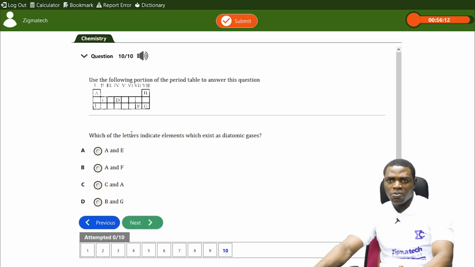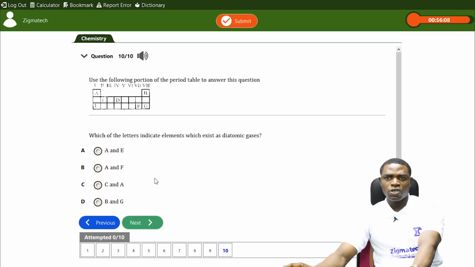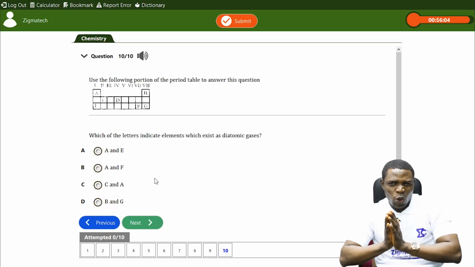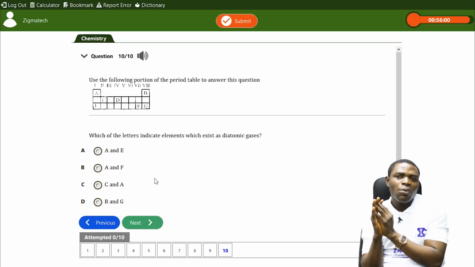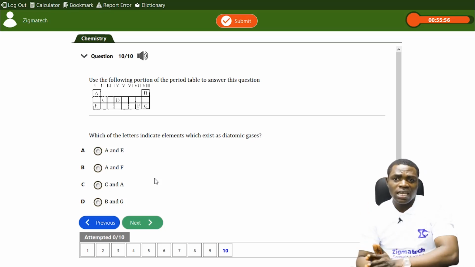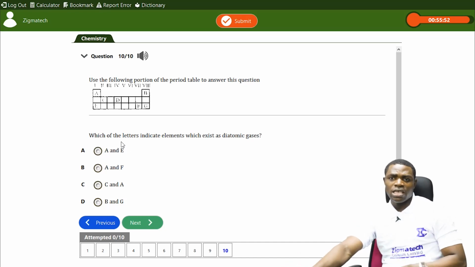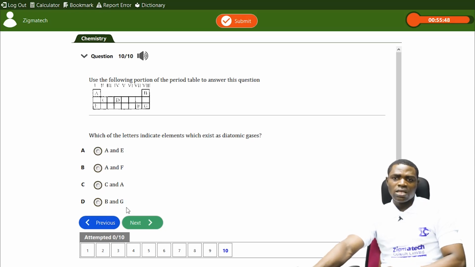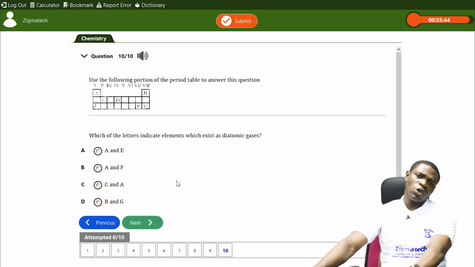Now, looking at the trend, we want to look at the last question. Use the following portion of the periodic table to answer the question. They gave us a pictorial or graphical representation of the position of the elements in the periodic table. Now look at it. Which of the letters indicate elements which exist as diatomic gases? A and E, A and F, C and A, B and J. These are JAMB questions.